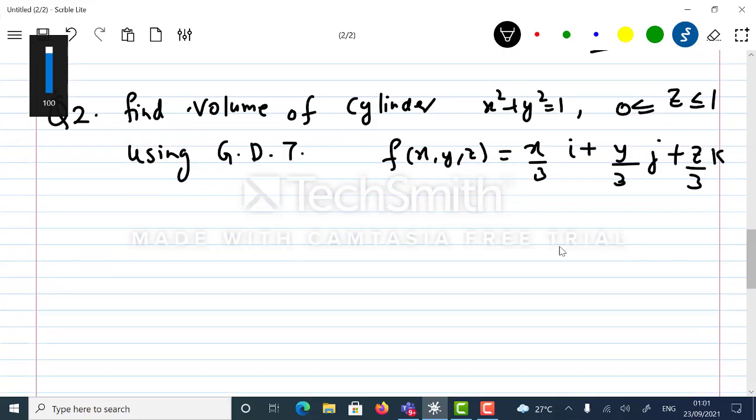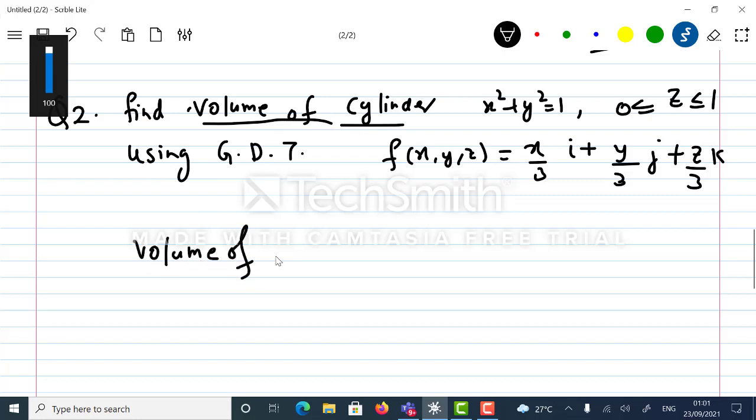So they have asked us to find the volume of the cylinder. That means the volume of a cylinder is basically the triple integral over V of 1 times dV.